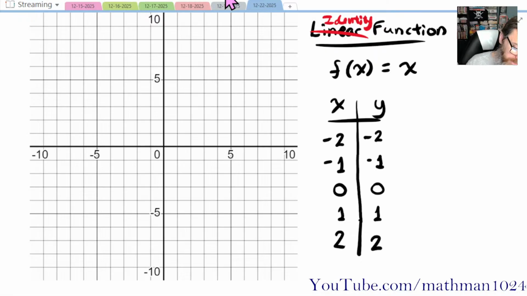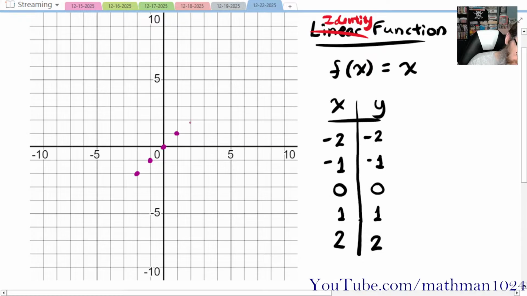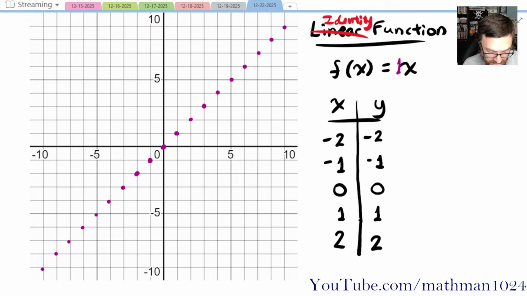So when you plot these points, you would have a graph that starts off looking like this. And if you keep going, you'll see that because this is a linear function with a slope of 1, these are going to be your key points, going all the way up and to the right and down and to the left. And then we see that we do have a line, so let's draw a nice straight line.